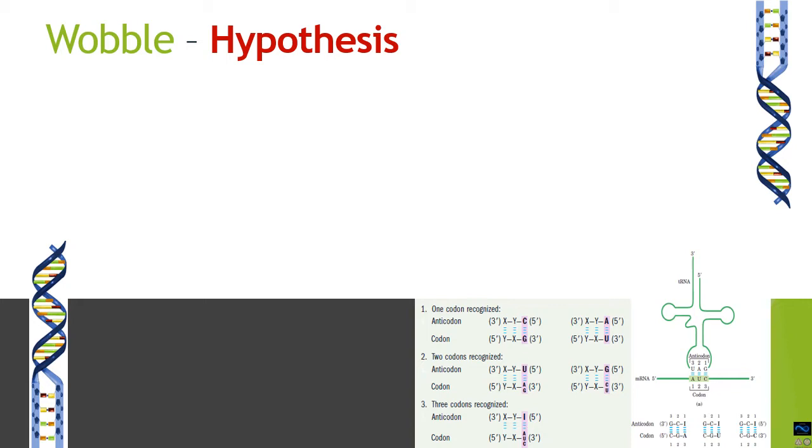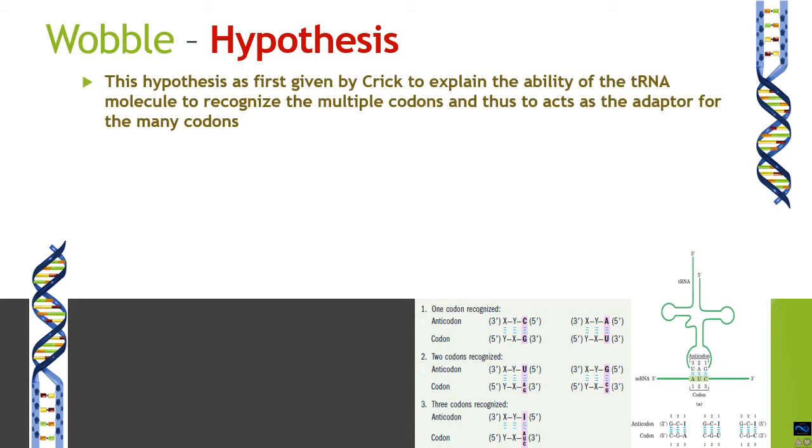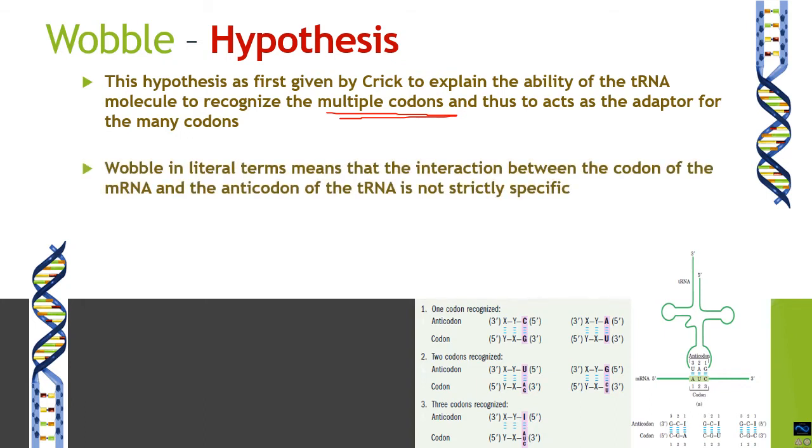Another important thing in the translation process is the Wobble hypothesis, which was given by Crick, and it explains the ability of a tRNA molecule to recognize multiple codons, as we already saw in the decoding of the genetic code. So the adapter molecule, the tRNA, has the ability to recognize many different codons.